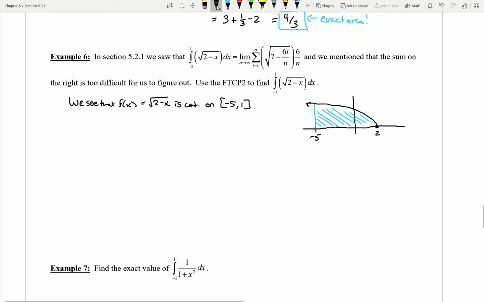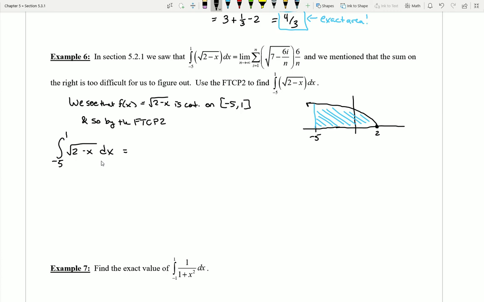Okay, well, now that I have a continuous function, I can state that by the fundamental theorem of calculus part 2, my integral from -5 to 1 of the square root of 2 minus x dx can be found very quickly as long as I can determine an antiderivative for this function.